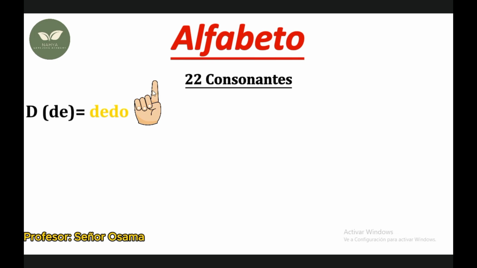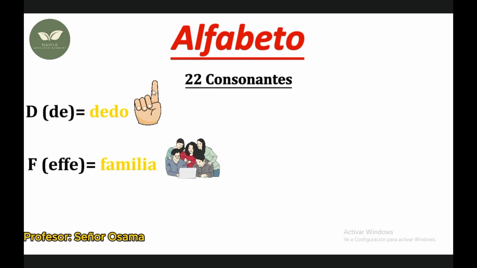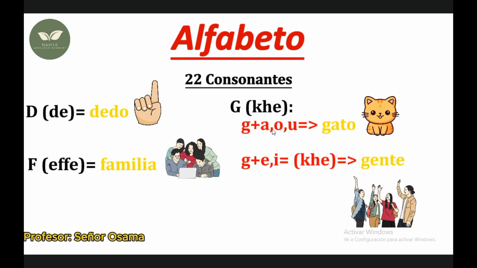Okay, the next one is F. We can find this in the example of familia, which means family. So the next letter is G. This letter has the same situation as C before.